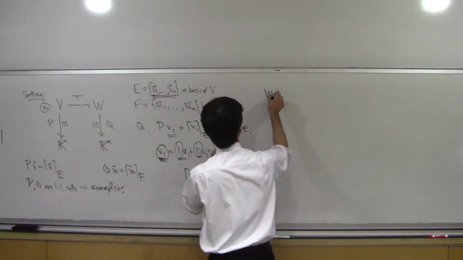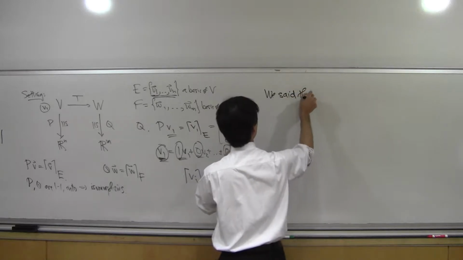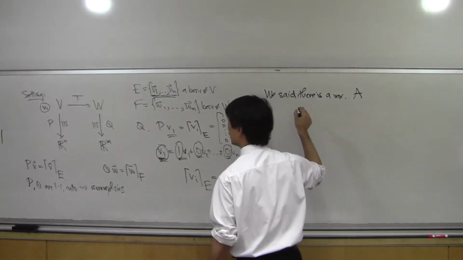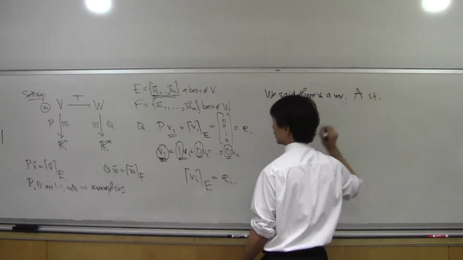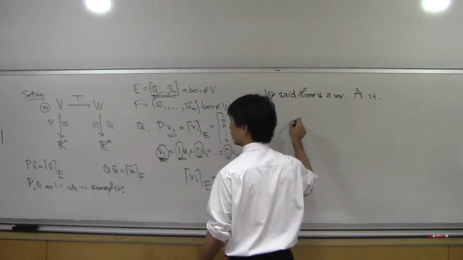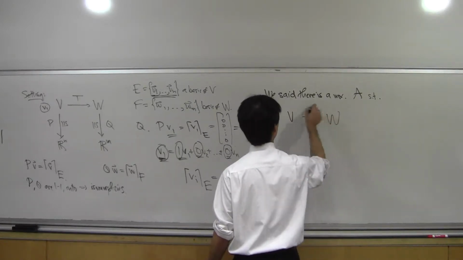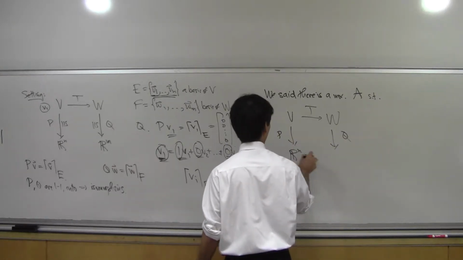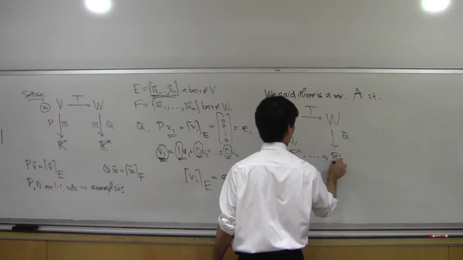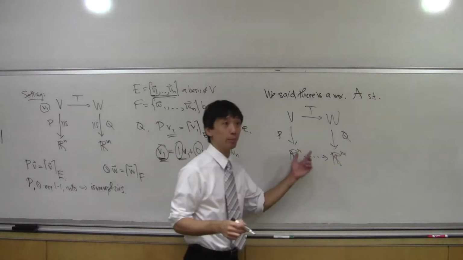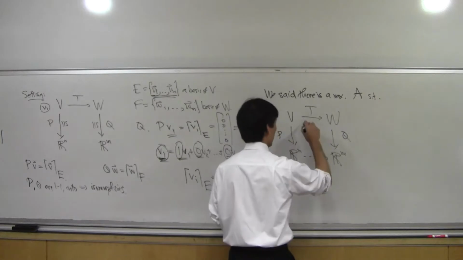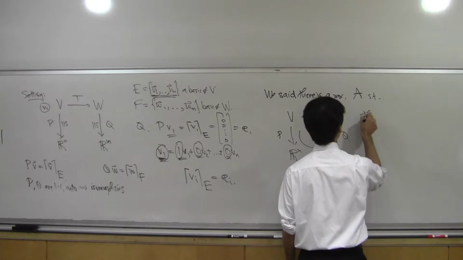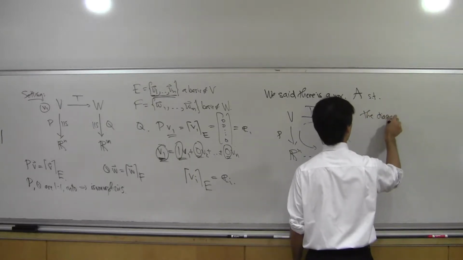We said there is a matrix A, such that this map here could be filled in, so that this diagram could be filled in and it would commute, right? Such that the diagram commutes.